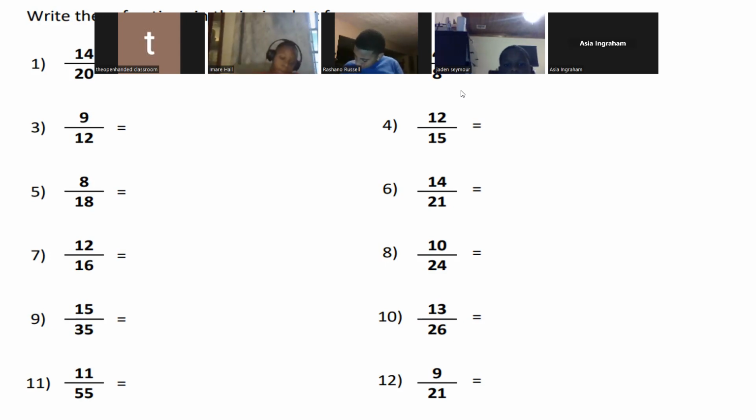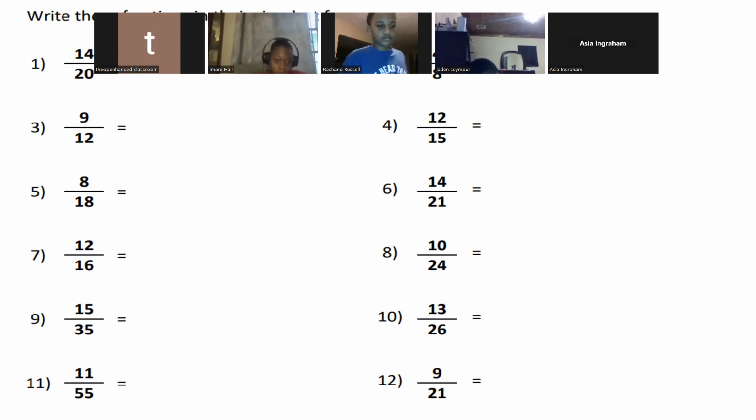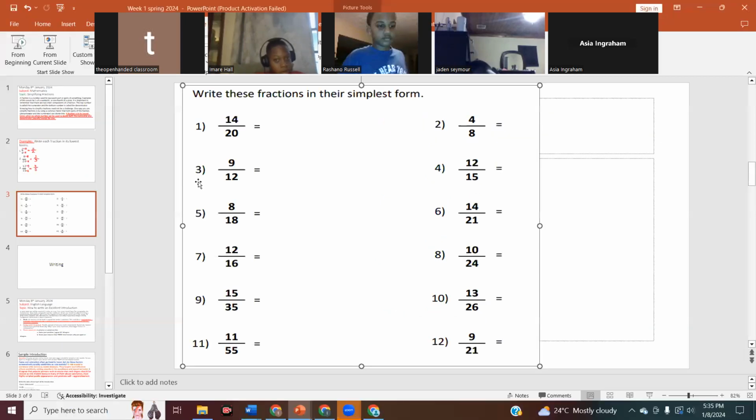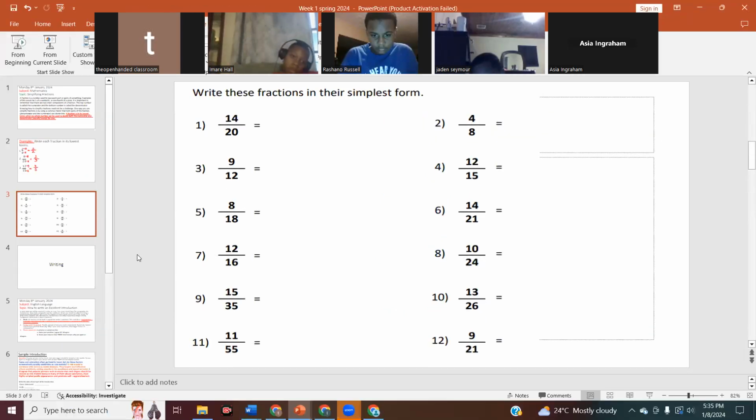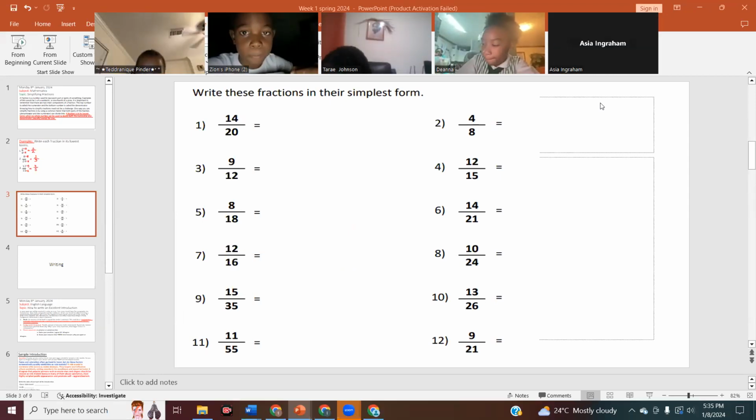I'm on number 11, but I can't see it. So when you're gonna tell me that? Amari, stop it, man. This is the first day of the year. Can you see it now? Yes, sir. Good. Zion, what number are you on? Number 11. Pedronic, what number are you on? Number 12.